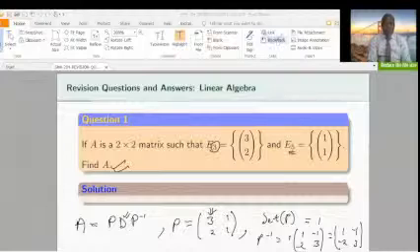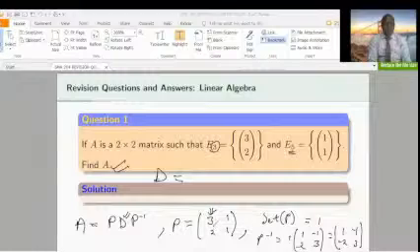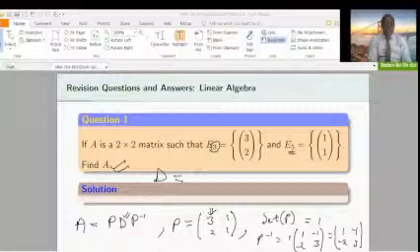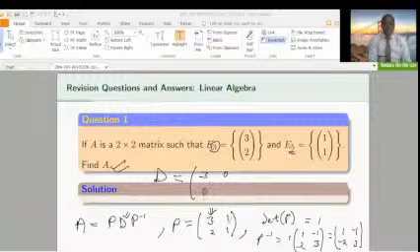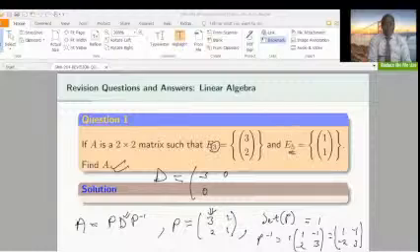So that means D, and we are following this order, the first eigenvector here, its corresponding eigenvalue was 3. So 3 comes first. And then the second eigenvector here in P, its corresponding eigenvalue was 5.